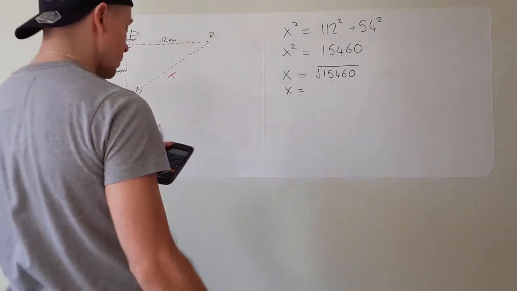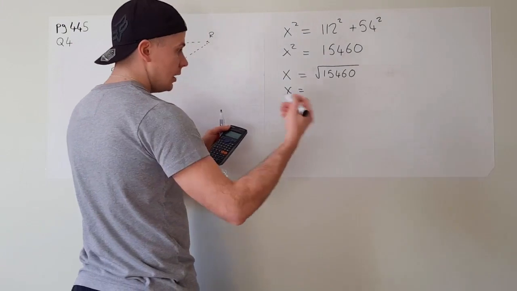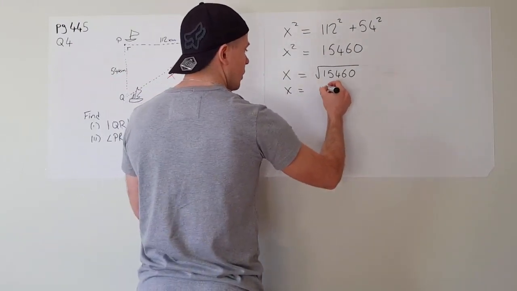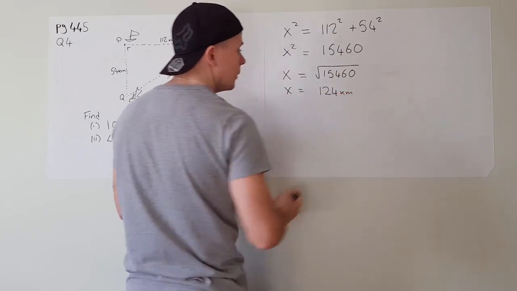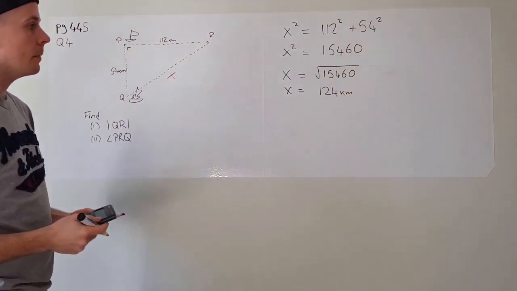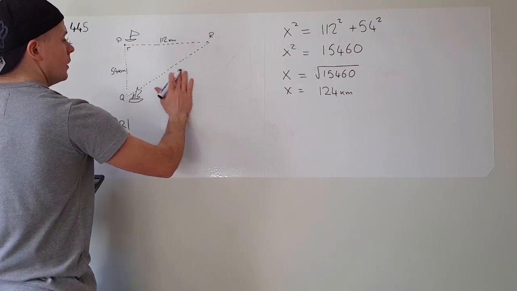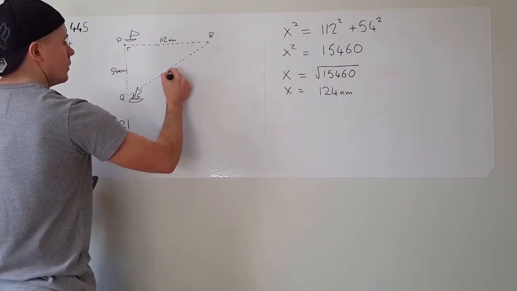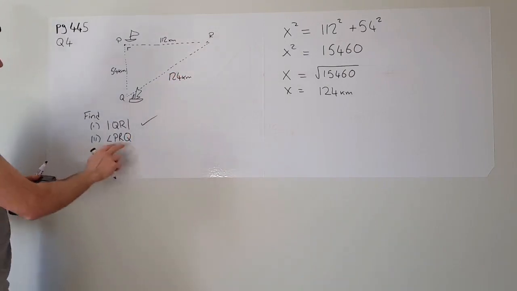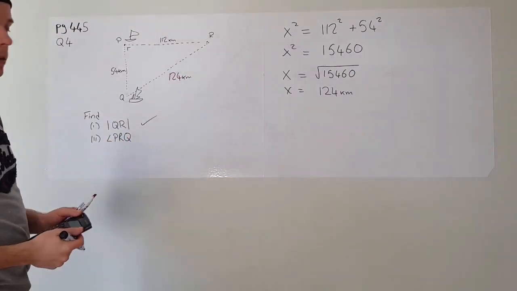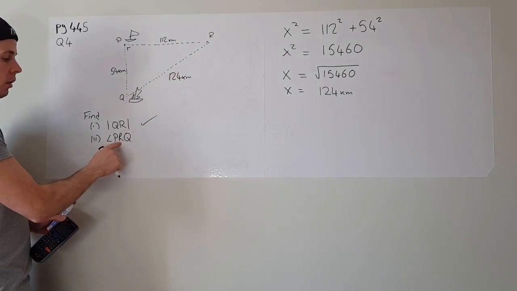So to the nearest whole number, 124.3 is going to be left at 124, and in this case it is kilometers. So make sure you include your distance. So now I fill in here X is 124 kilometers. So part 1 done.